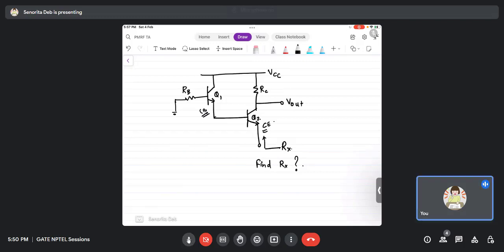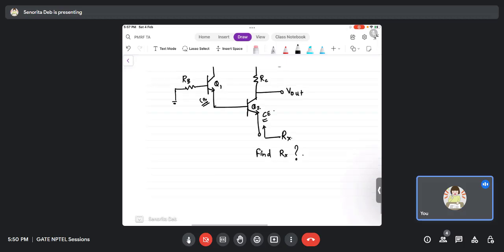Okay, your 2 minutes are up. So anybody, for this, in two steps you have to do it. First, what is the resistance seen from here? Let us say this is R equivalent. So we have seen that for a common base, the input is the emitter, right? This is the input.